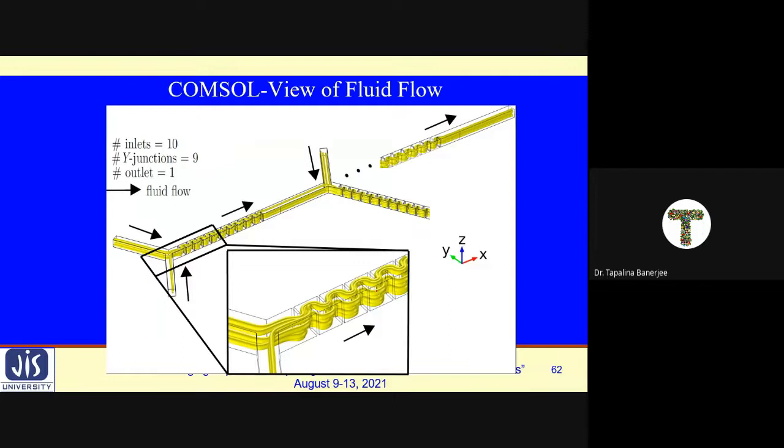So we need to show whether laminar flow is there or not, because we are claiming that the Reynolds number is very low as per the dimensions of our structure, based on the basics of flow dynamics. So this is the reflection. Yes, this shows that fluid flow is laminar throughout the channel.